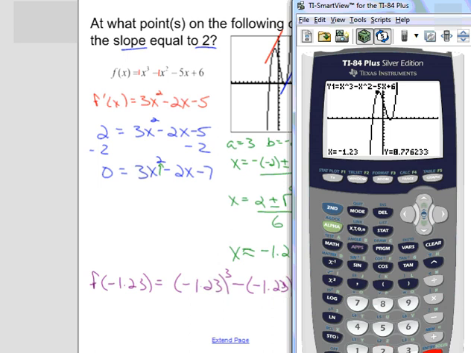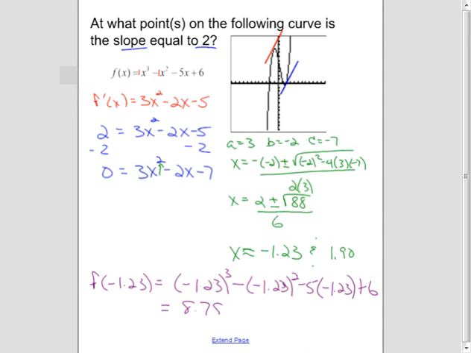And you'll see that it is blinking where I said earlier with my red tangent line, at y equals 8.78, we'll call it. So that first point is negative 1.23, comma, 8.78, and at that point, the tangent line has a slope of 2.